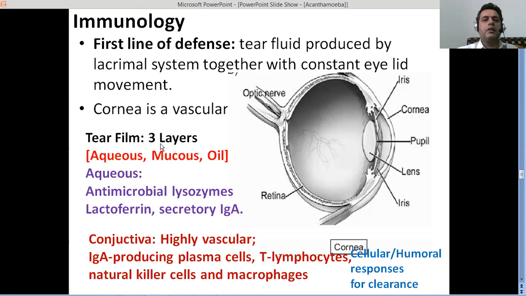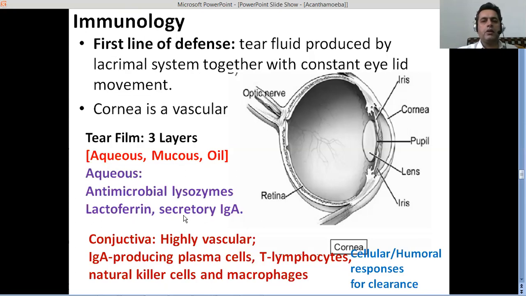So in the tear film, there are three layers: aqueous, mucus, and oily layer. The aqueous layer contains antimicrobial lysozymes, lactoferrins, and secretory IgAs, or SIgAs. These are present in the aqueous part of the tear film.